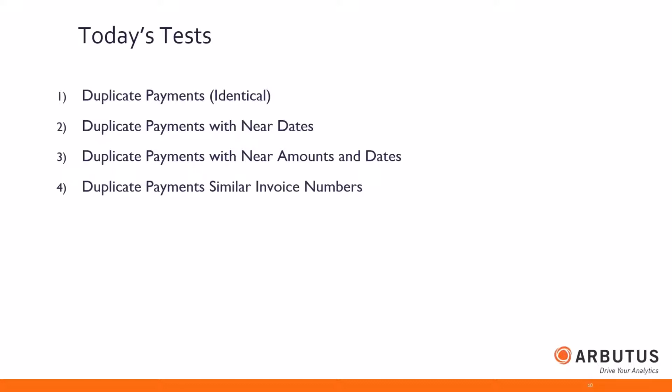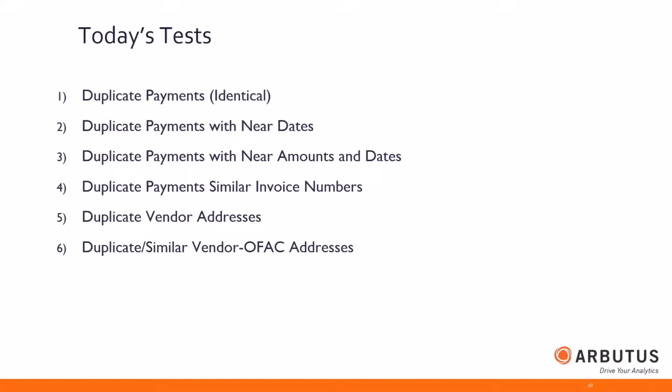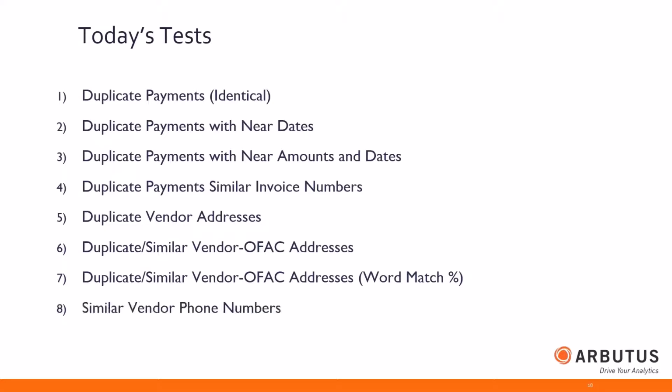Duplicate payments with similar invoice numbers. Duplicate vendor addresses. Duplicate or similar vendor OFAC address matches. Duplicate and similar vendor OFAC addresses based on a word match %. Similar vendor phone numbers. And similar employee names, HR versus P-card.